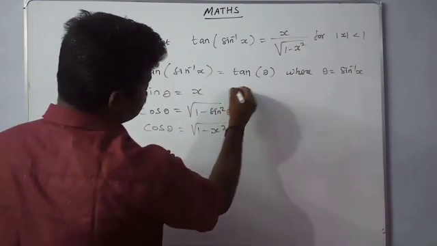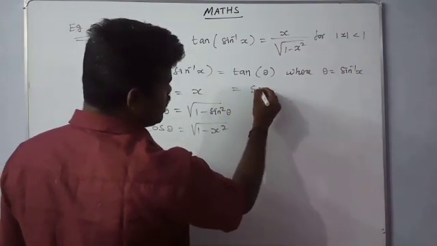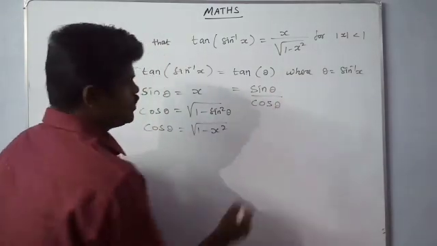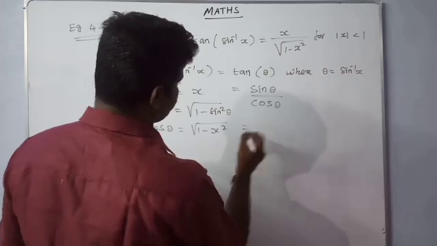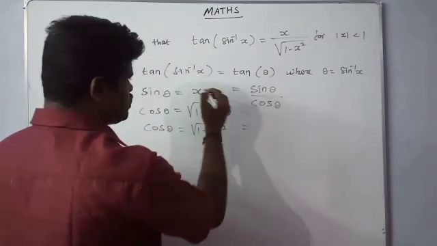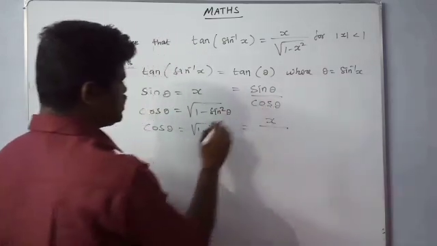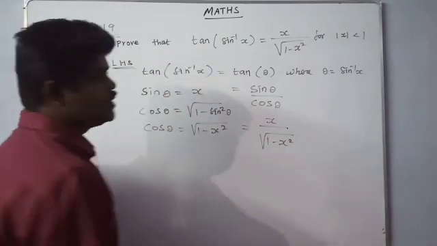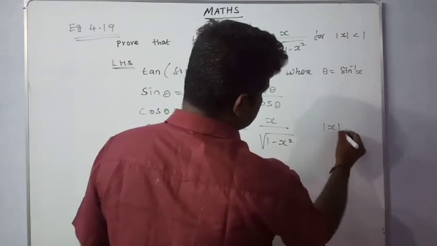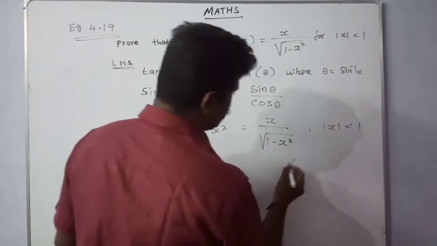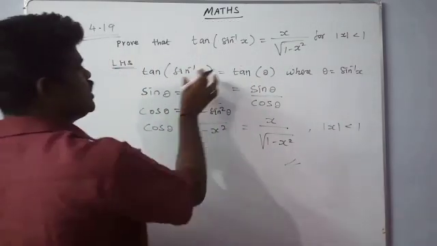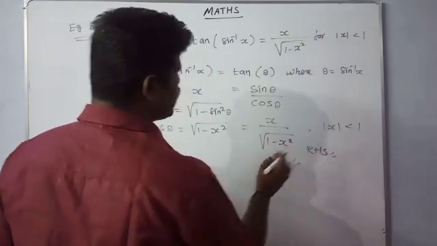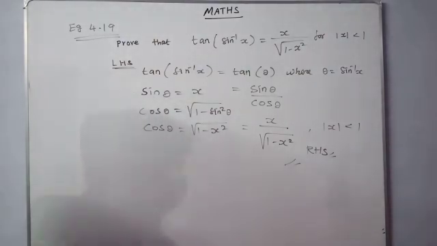Here tan theta can be written as sin theta divided by cos theta, which is equal to x divided by root of 1 minus x square in the range of modulus x less than 1. Okay, hence proved. This is the LHS and this is the RHS, x by root of 1 minus x square. Hence proved. Refer the sum.